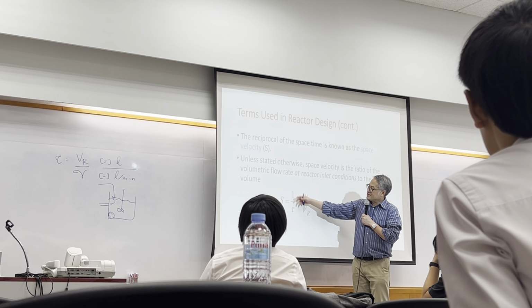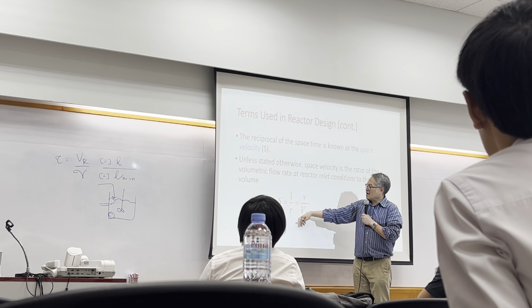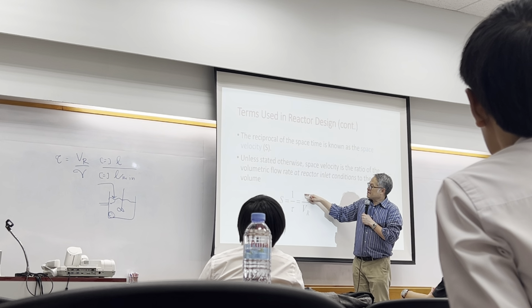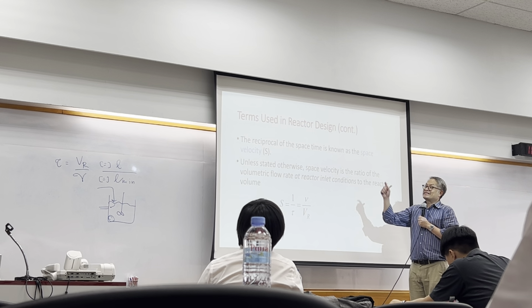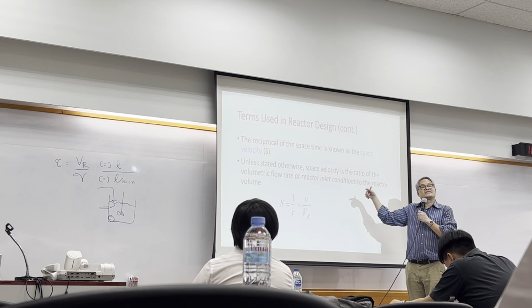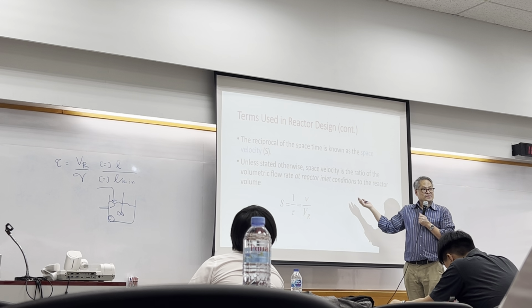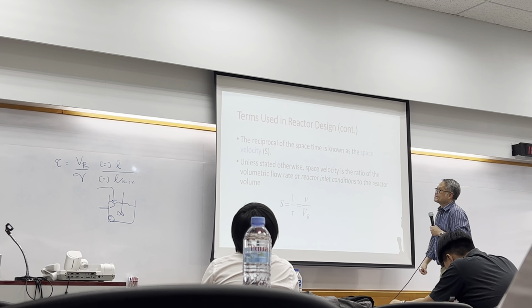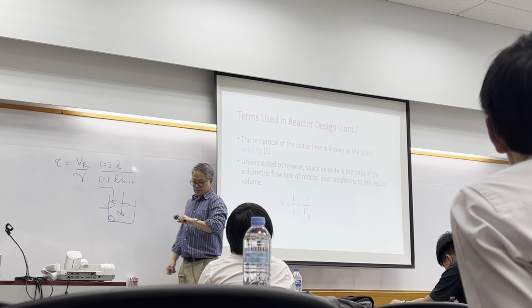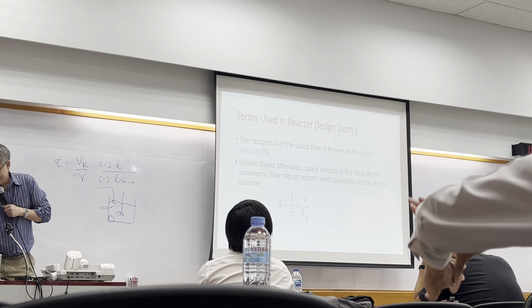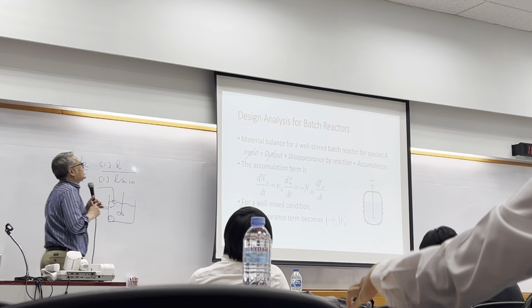So it's the reciprocal of the space-time, so it's v divided by V_R. If space-time has a unit of time, space velocity has a unit of per time.